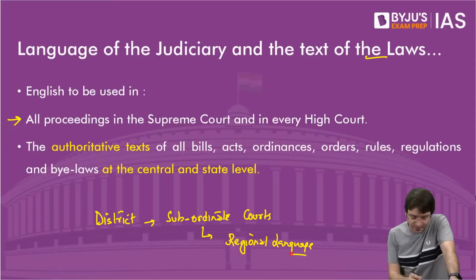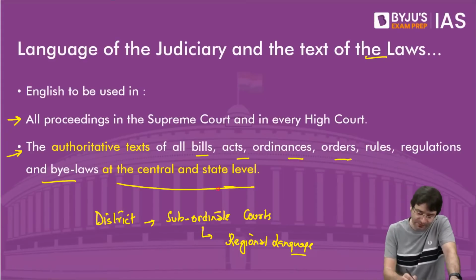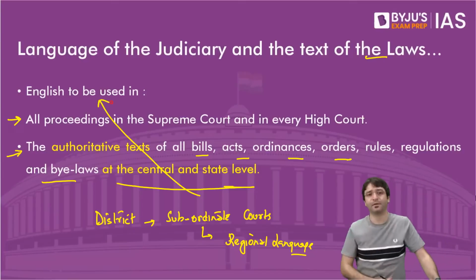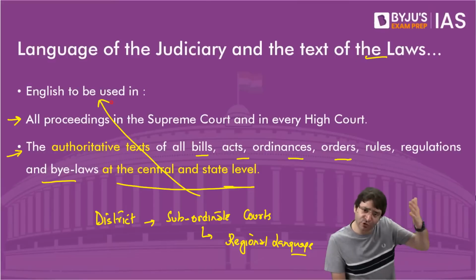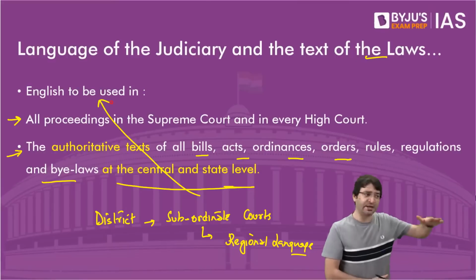Not just that, for the authoritative text of all bills, acts, ordinances, orders, and bylaws at the central and the state level, English will be used. In fact, our constitution is in English. Although the translation of this English constitution was also done, in 1950.